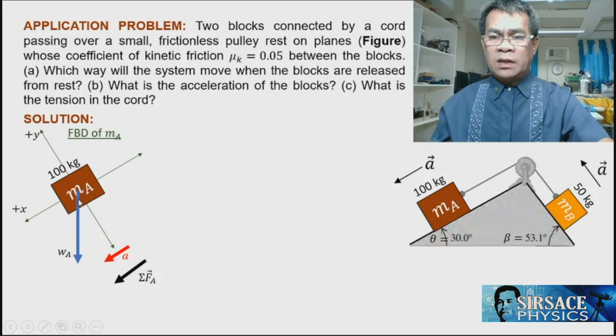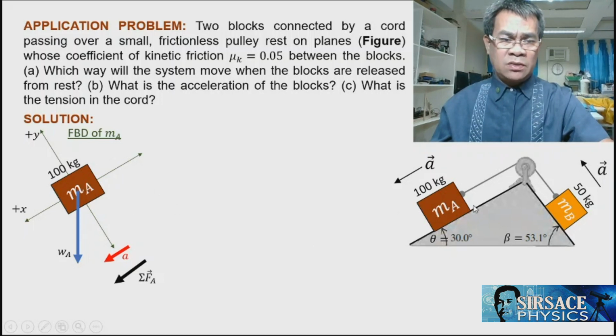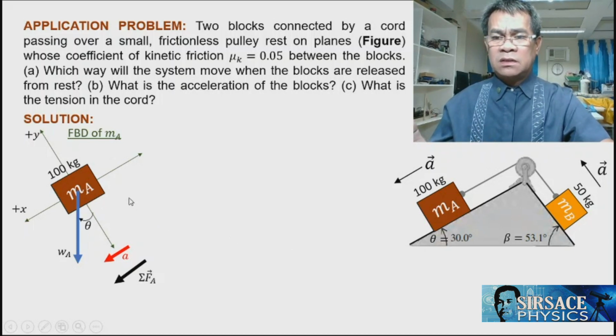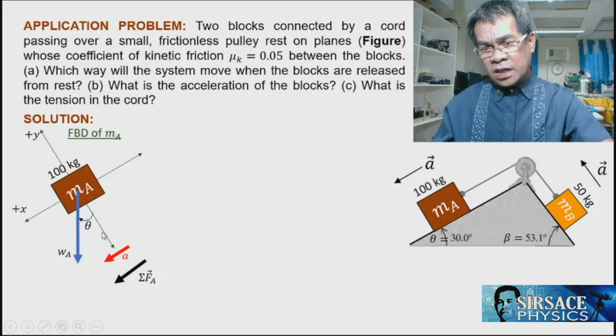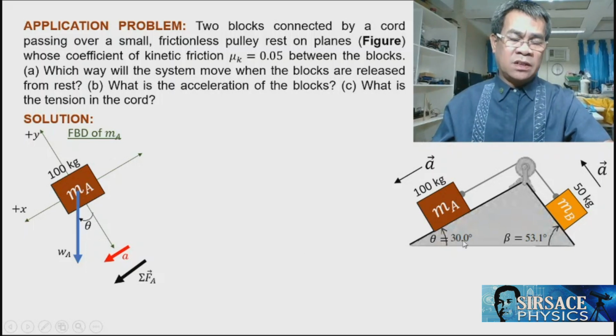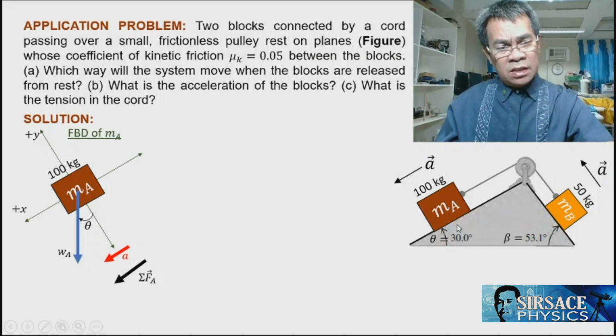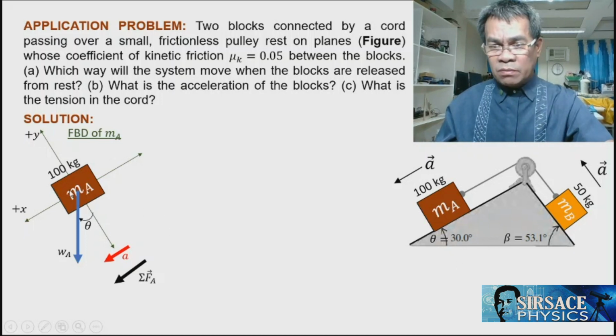Now, take note that this mass A lies on the plane. So there must be a contact, and if there's a contact, there must be a normal force. By the way, the weight has a direction from this y-axis equal to theta. Theta is 30 degrees. In geometry, whatever the angle of the incline, the angle between the perpendicular to this line and the vertical will also be the angle of our weight.